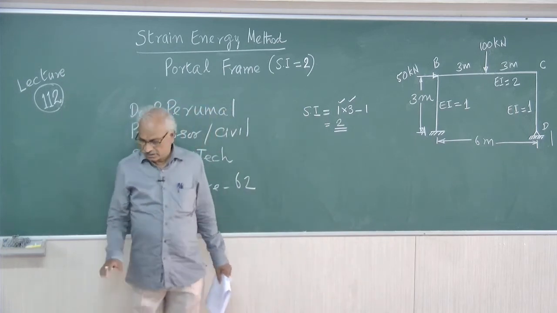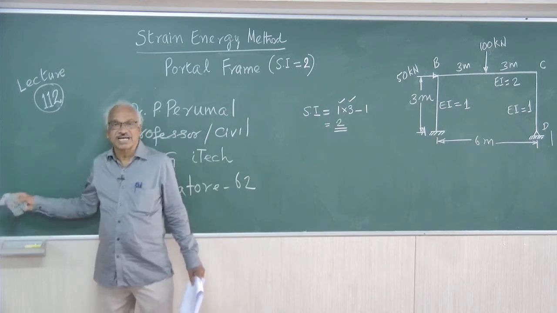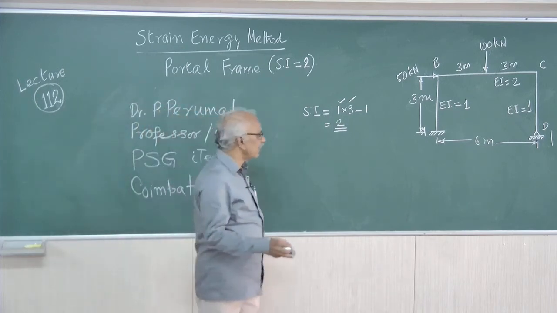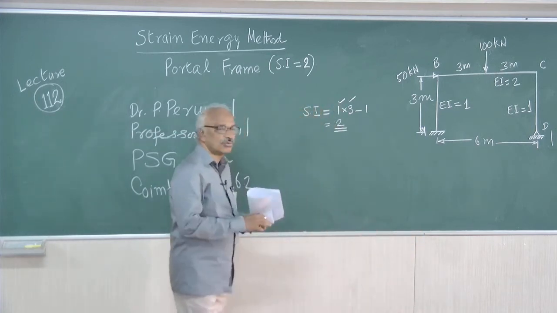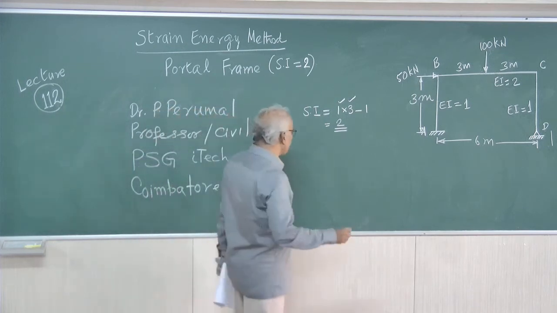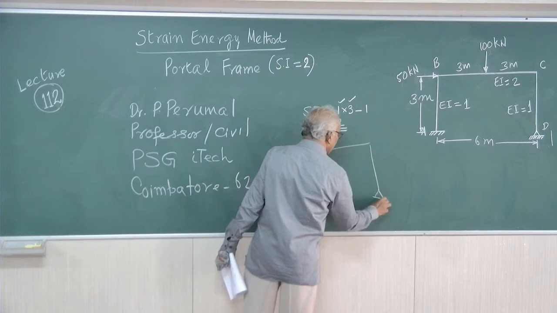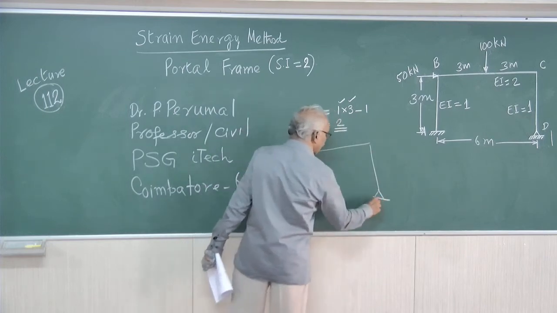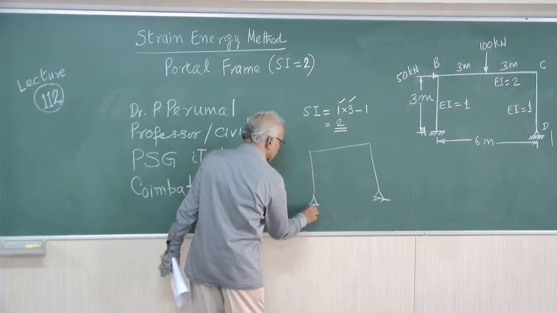Right. Now, first we have to make the structure statically determinate. So, for making the structure statically determinate, any 2 reaction components will have to be removed. Anything can be removed. That is, we can retain the hinge here, we can make this on rollers.